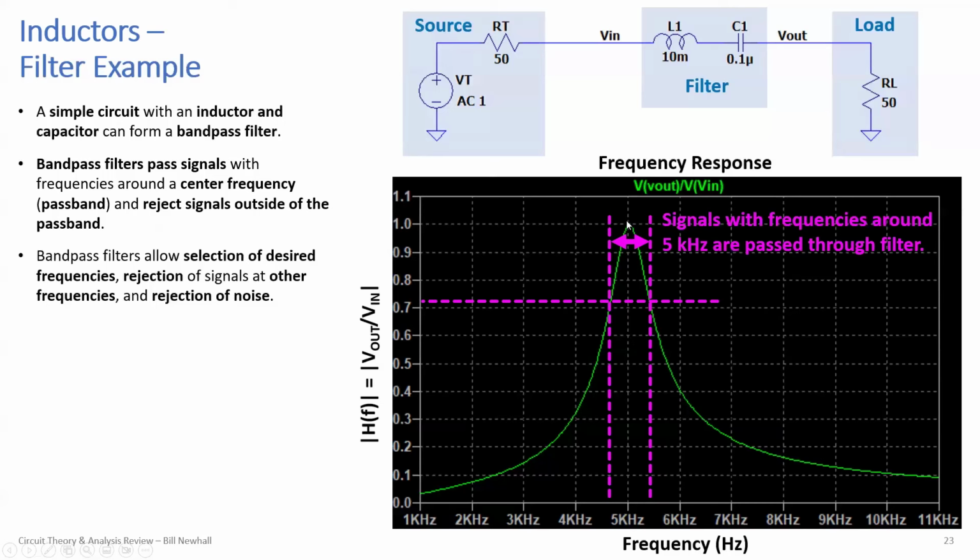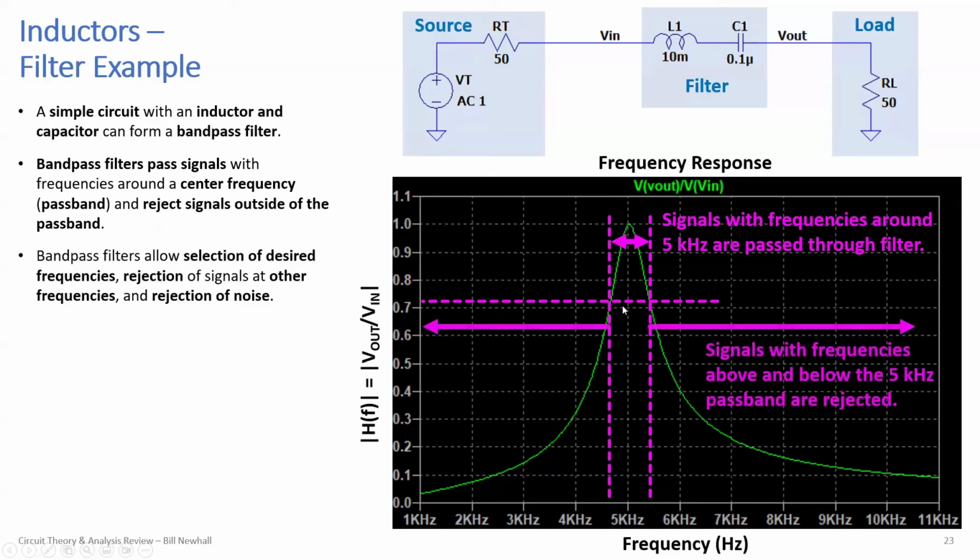That means if you have an input of 1 volt peak to peak, you have an output of 1 volt peak to peak. As you move away in frequency from that 5 kilohertz center frequency, any signal away from that center frequency gets rejected. So signals with frequencies above and below 5 kilohertz in this passband are rejected.